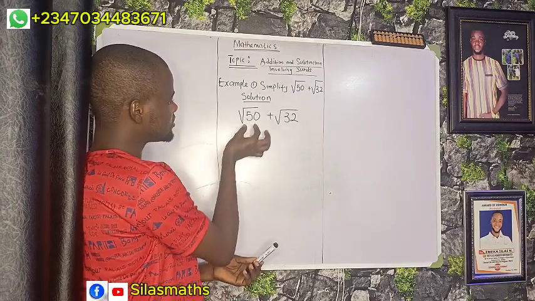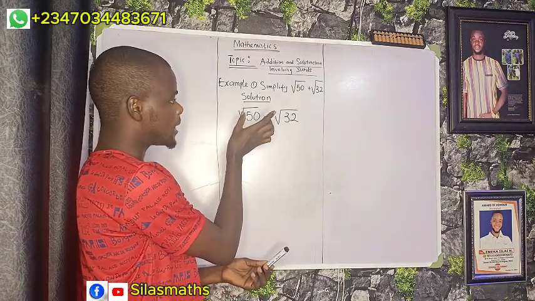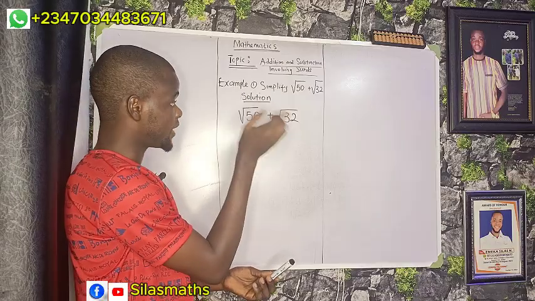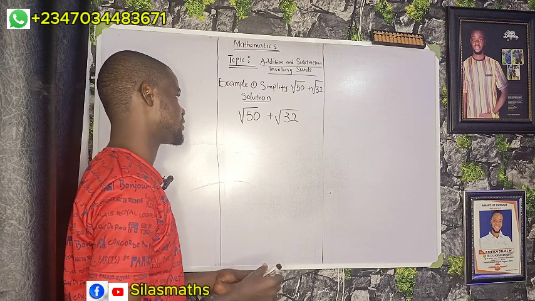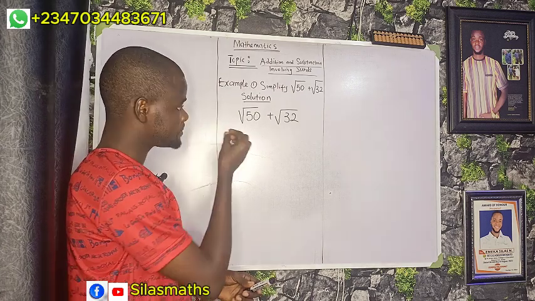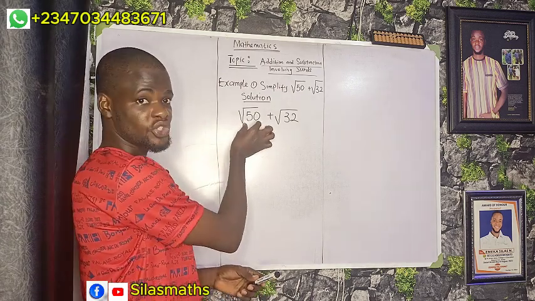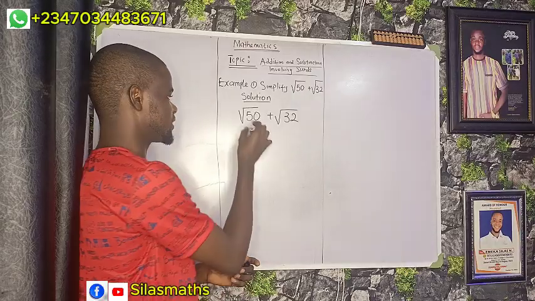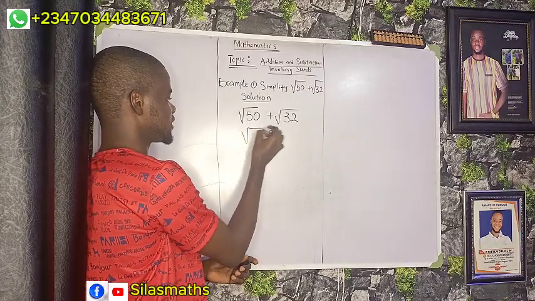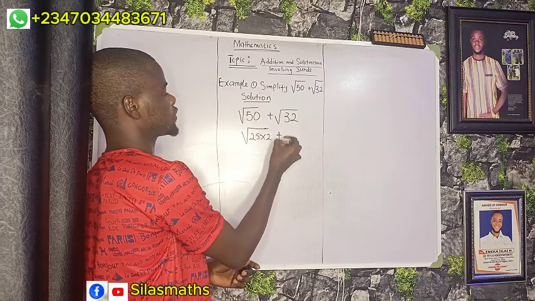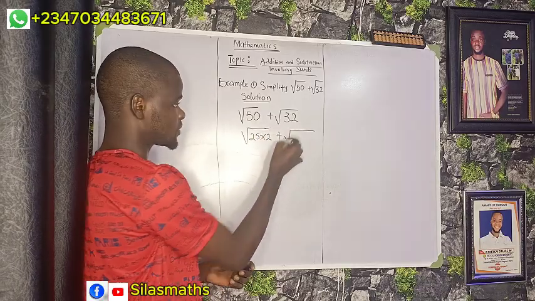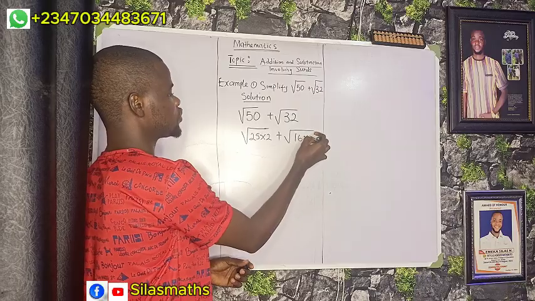I know that the two numbers that will multiply themselves, where one is a square number and the other is a number that is not a square number, are 25 and 2. That is to say, root 50 is the same as root of 25 times 2, plus root 32 is the same as root of 16 times 2.